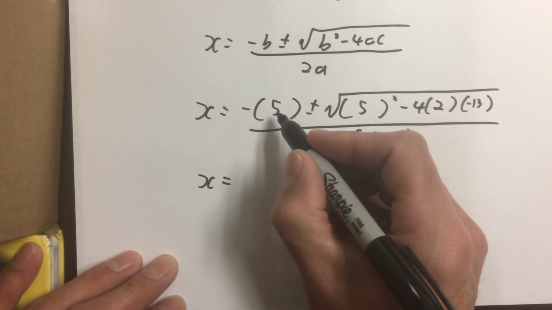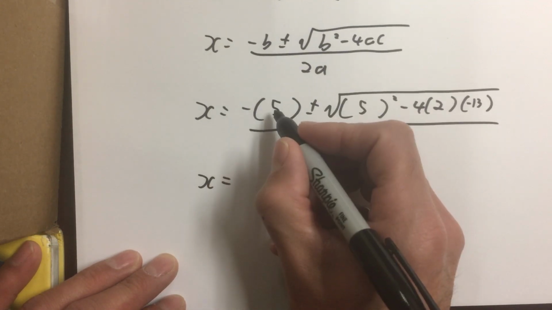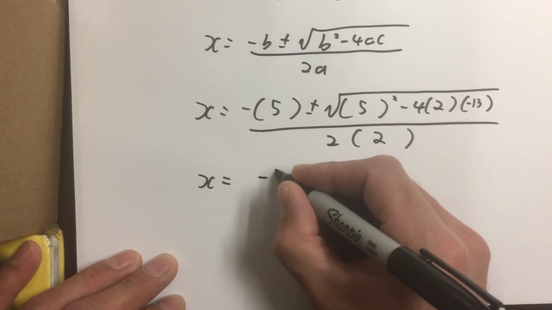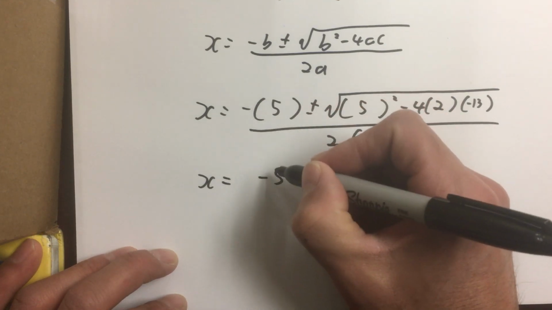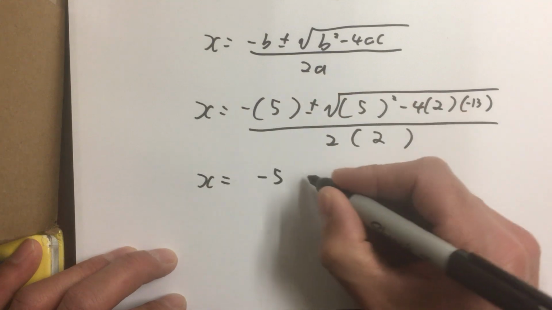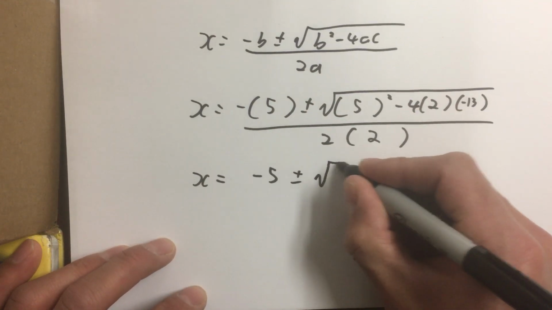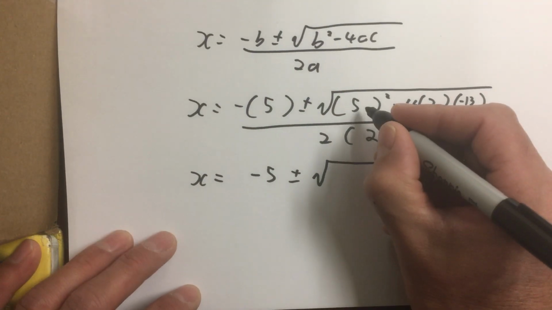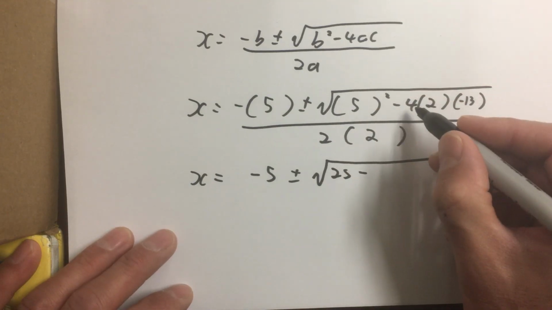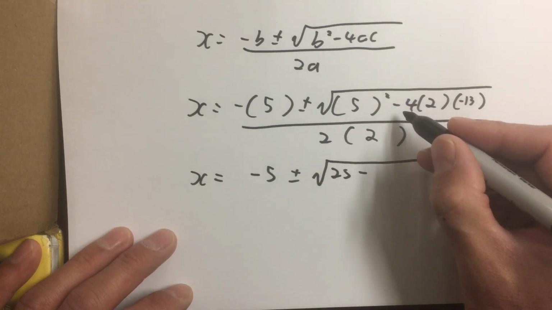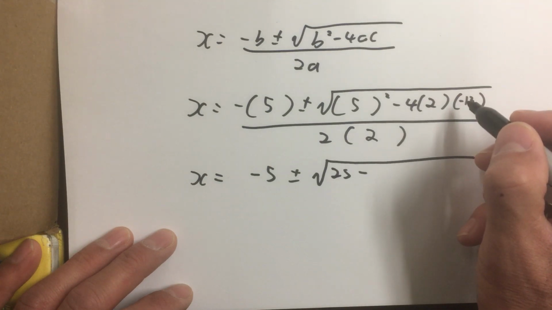So 5 is positive here, negative 5, that just stays as negative 5. Remember in the last example, it was a negative in there and it became a positive because we had 2 negatives. Over here, I want to do 5 squared, 25, minus 4 times 2 times negative 13.